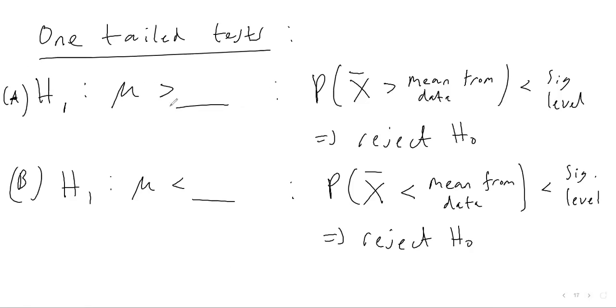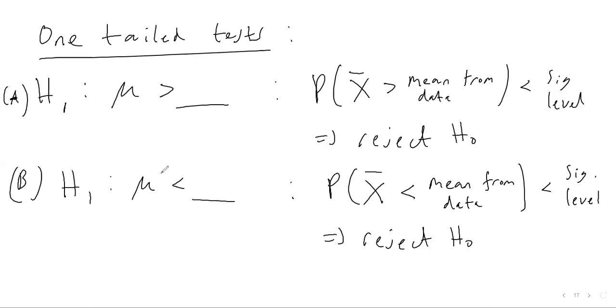Right, so then with a one-tailed test, let's say you're doing an upper side one-tailed test, your H1 is mu is greater than. So if the probability of your mean distribution being greater than the mean from your data, the data in the question, is less than your significance level, so if it's really, really small, smaller than that significance level, it means H0 is unlikely, so you reject H0. Same kind of thing here.